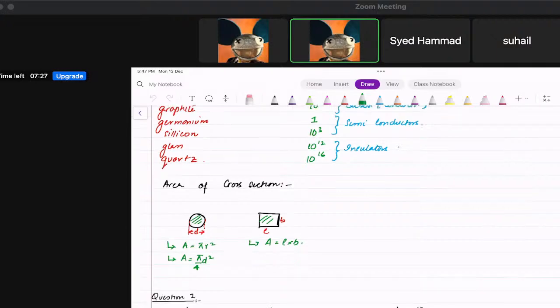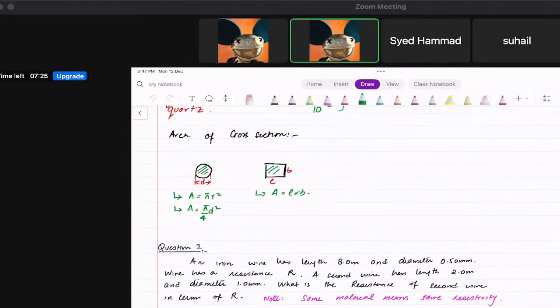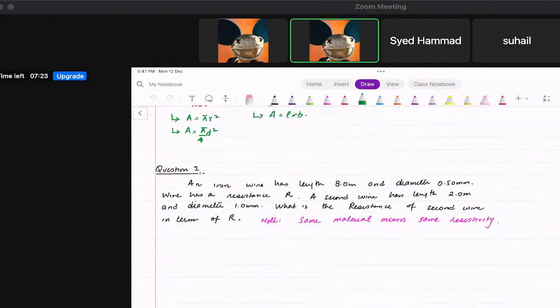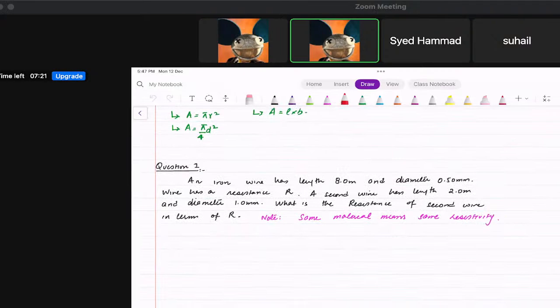Okay, now let's look at this question. It says an iron wire has a length of 8 and a diameter of 0.50 millimeter, and has a resistance of R, and the second wire has a length of 2 and a diameter of 1. What is the resistance of the second wire in terms of R? This is what we need to find.